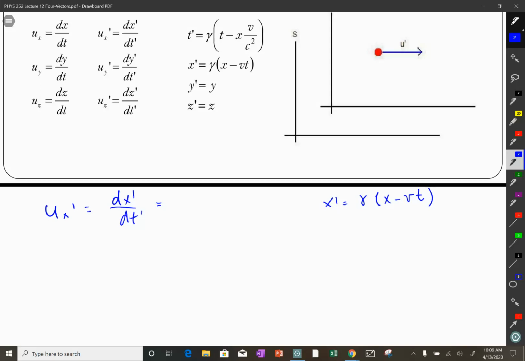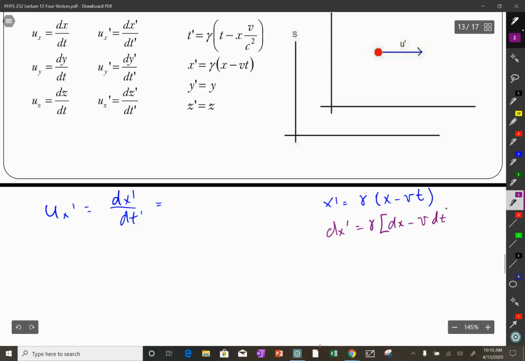So what I'm going to do is take this and say dx prime is equal to gamma times dx minus v dt. So there's my dx prime.